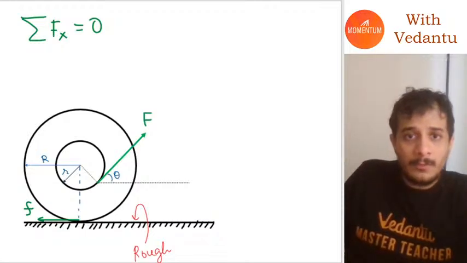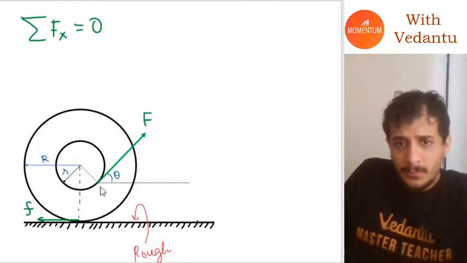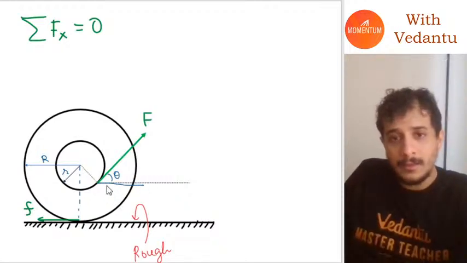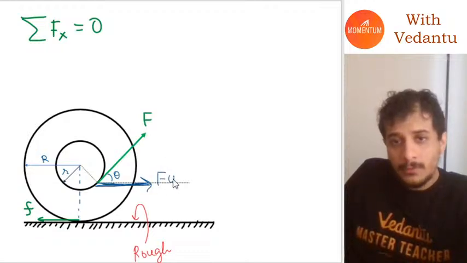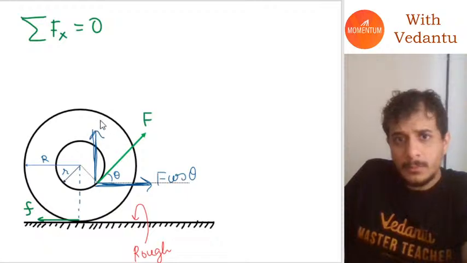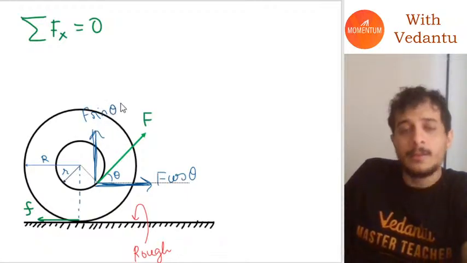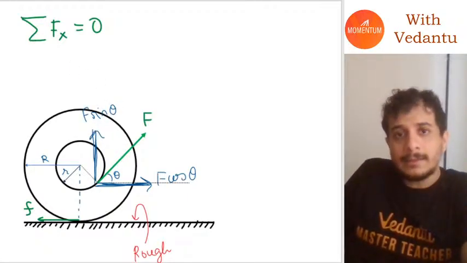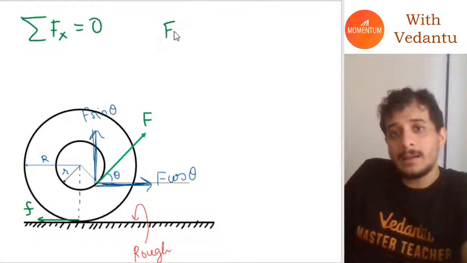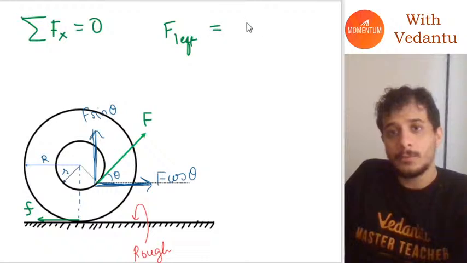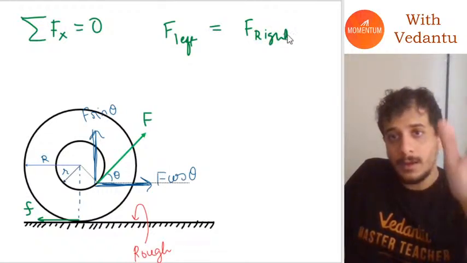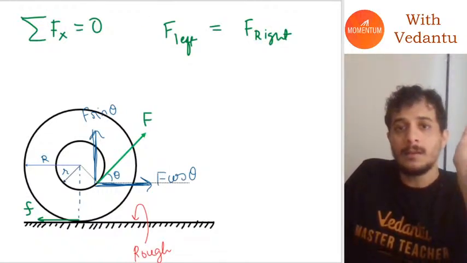Now, if you resolve this force F into x and y directions, its component along the x direction will be F cos theta, and its component along the y direction will be F sin theta. If the total force along the x direction is zero, the force towards the left should be the same as the total force towards the right.